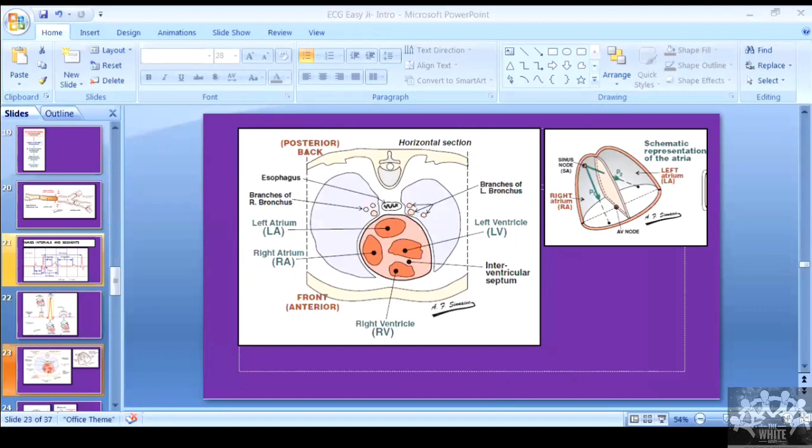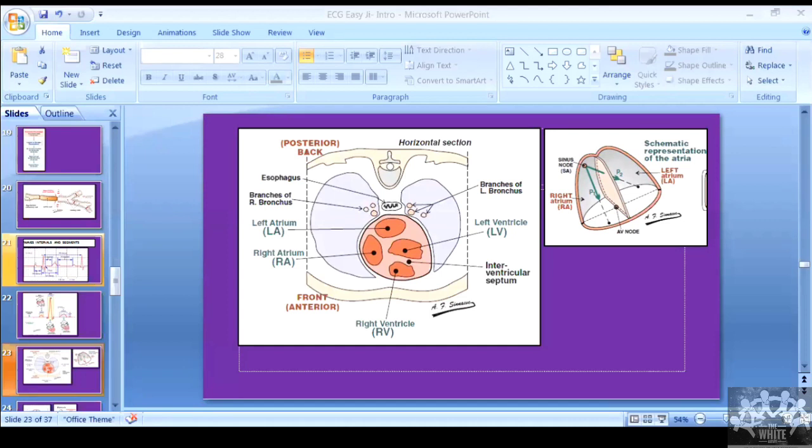The importance of the J point is that whenever there is an elevation in the J point, it means there is some electrical abnormality at the beginning of the repolarization phase. So whenever there is J point elevation, we have to look at secondary causes.